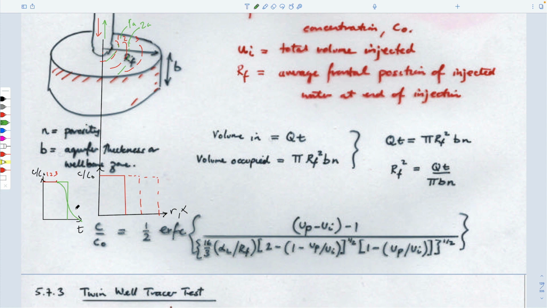And so we could imagine that from this geometry, by looking at this residence time distribution curve from sucking it back out, then if it was very sharp, then the dispersion would be small, and if it was canted over very significantly, then the dispersion is large. And so if we can quantify that in some way, essentially the same way as we did in a laboratory, by running it at a given velocity, we know the velocity we're pumping it in at, so we know the advective velocity, and we know the velocity we're pulling it back out at, then if we can fit it to a curve, then we can get a value for alpha t.